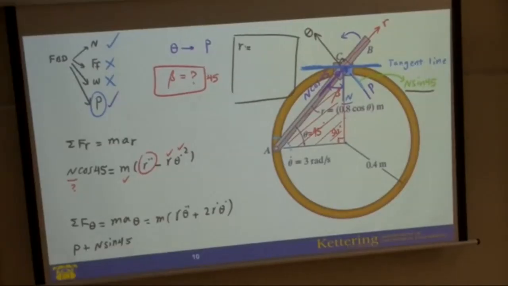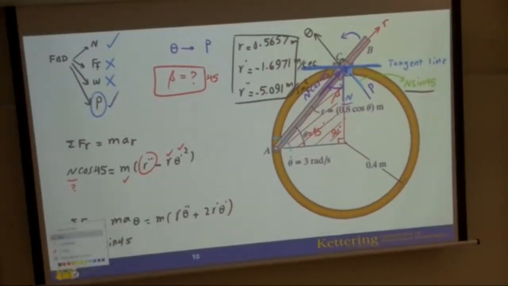R is 0.5657 meter. R dot is minus 1.6971 meter per second. R double dot is minus 5.091 meter per second square. That is how I found those values.